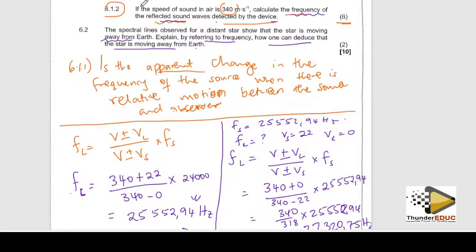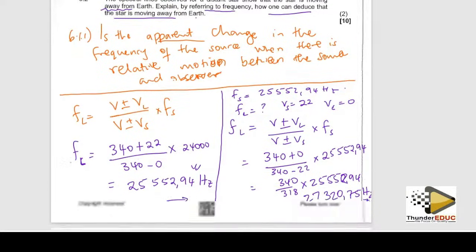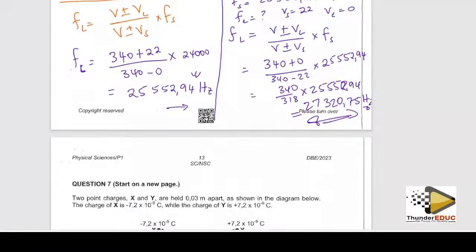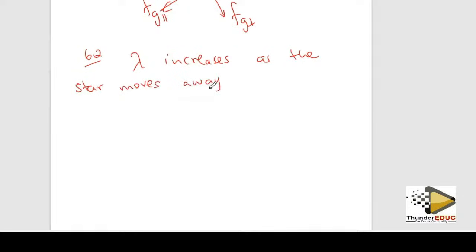Okay, so one thing you need to know is that when the star moves away, the distance increases. In other words, the wavelength increases as the star moves away.